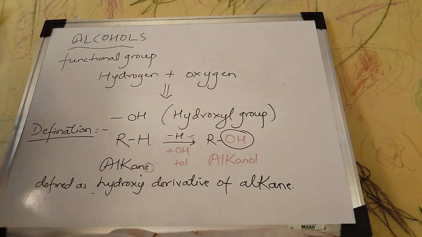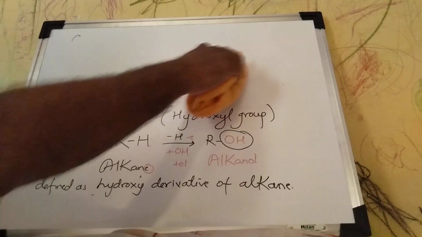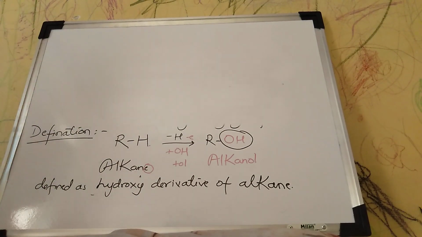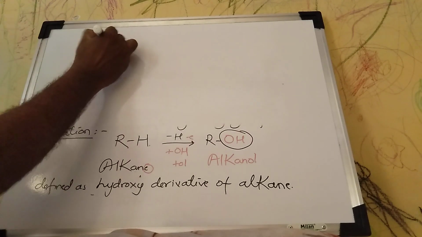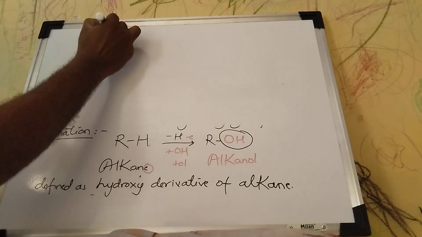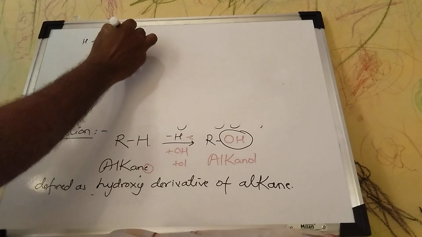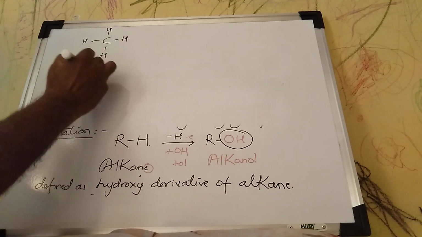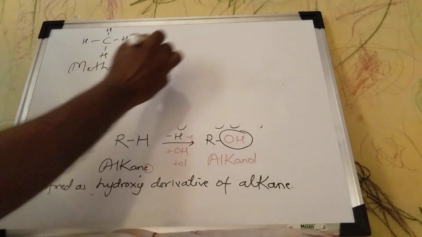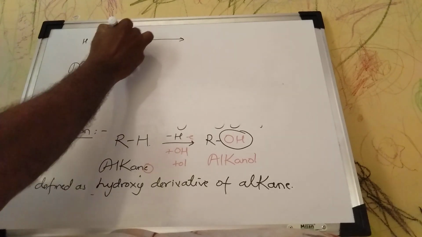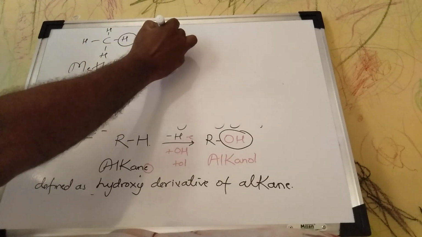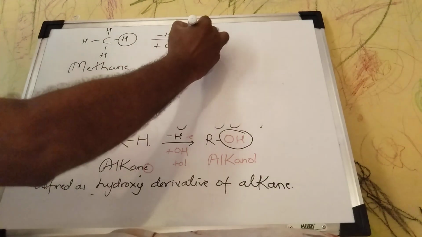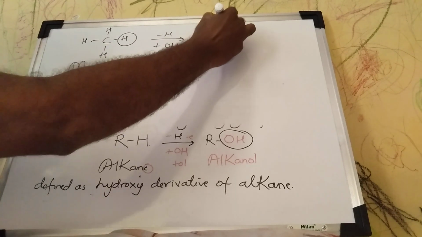For instance, I'll give you certain examples over here. This is an alkane, the first member of the family of alkanes, methane. Now in methane, you remove one hydrogen, and in place of that you add an OH.